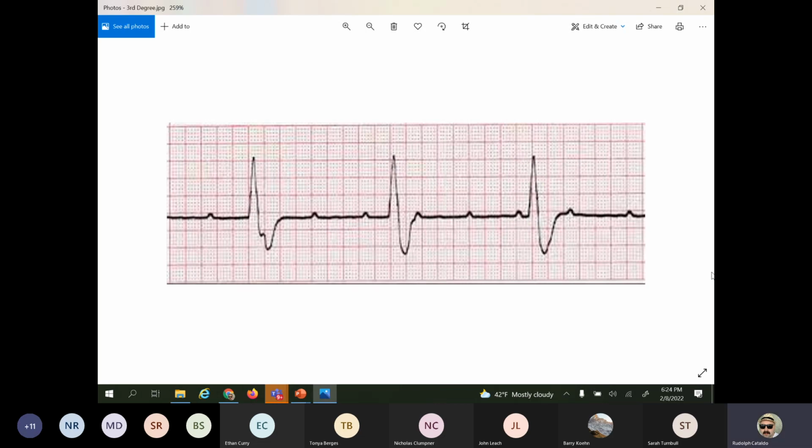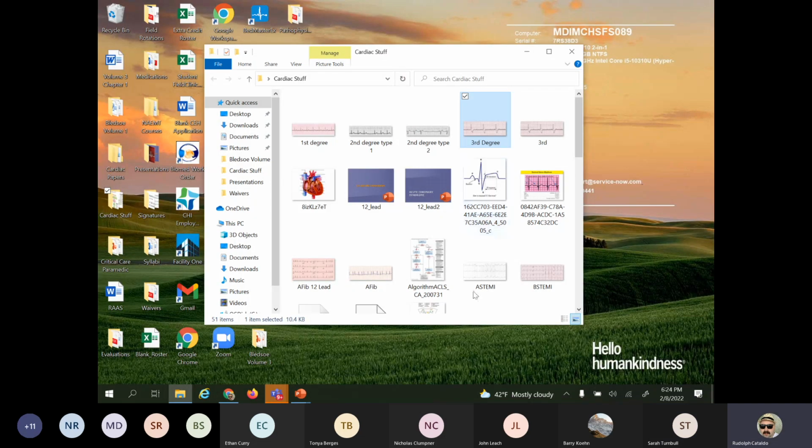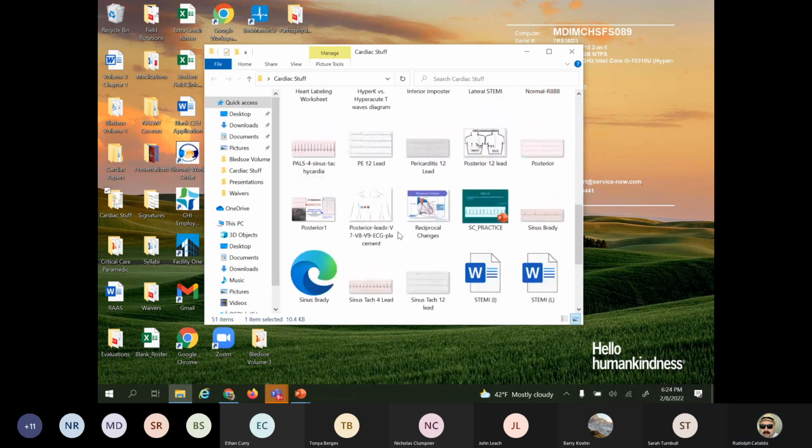That QRS complex is wide because it comes from the bottom of the heart. The lower, the slower. Lower in the heart it is, the slower it's going to be. If this was a 6-second strip, what would my heart rate be? 30, right?